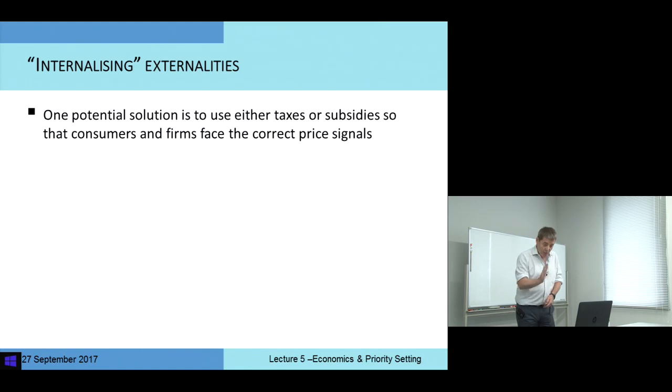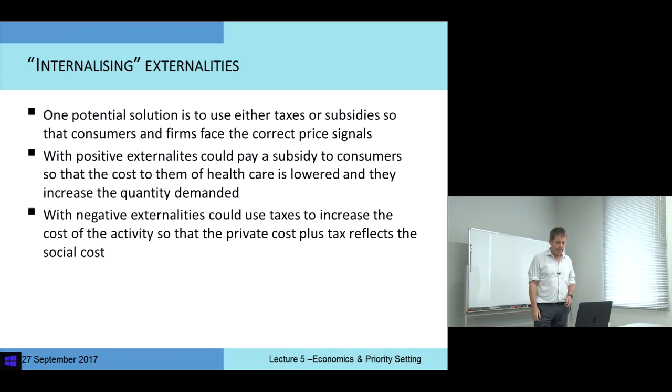So there are ways of internalising externalities, and one solution is either to tax the activity, the negative externality activity, or to subsidise the good activity, the positive externality. And so you're ensuring that individuals, firms and consumers get the right price signal. Because the problem here is they're getting the wrong price signal just now.